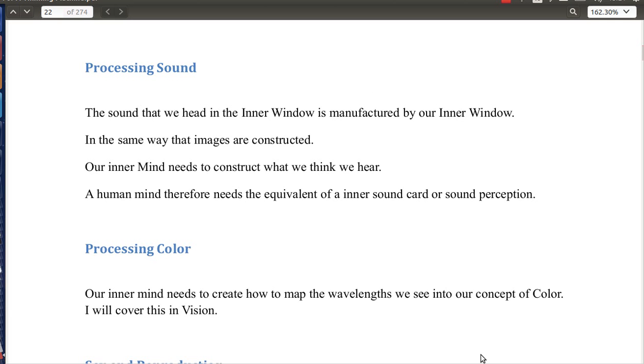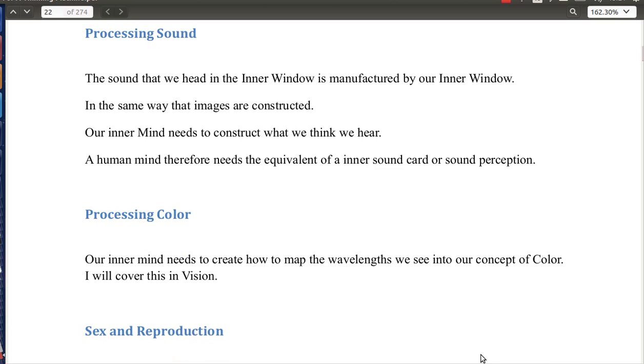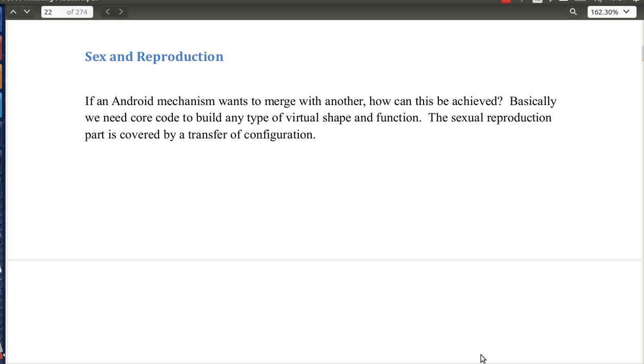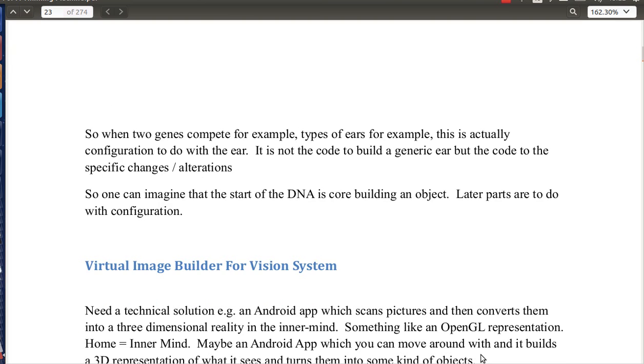So we can build a body that processes sound, where we hear things. We can process color. We can reproduce and pass on this DNA based program to the next generation, which will over time evolve into different forms.